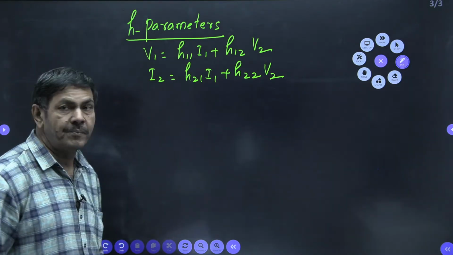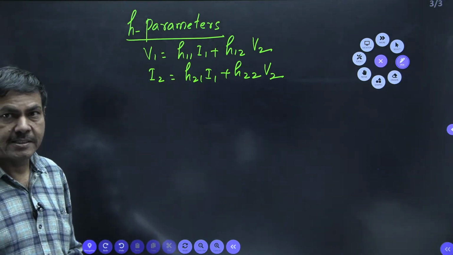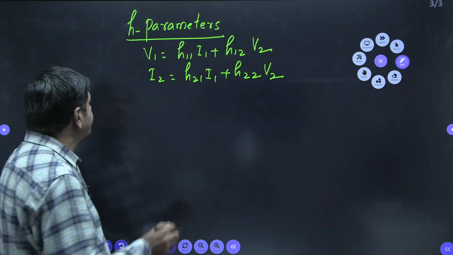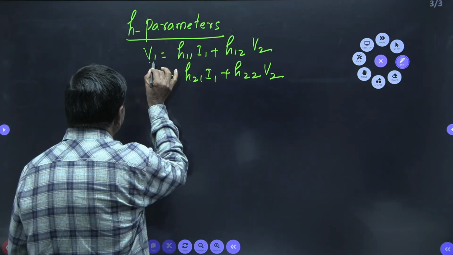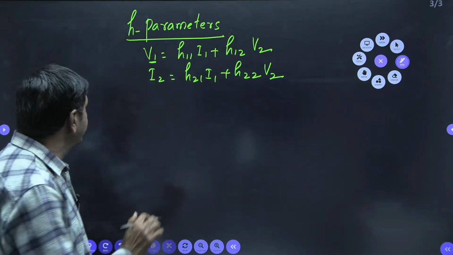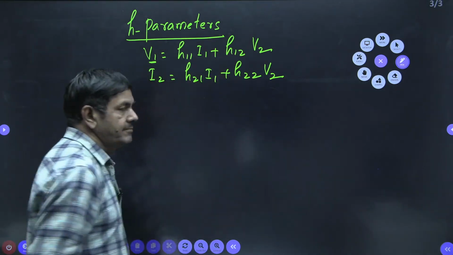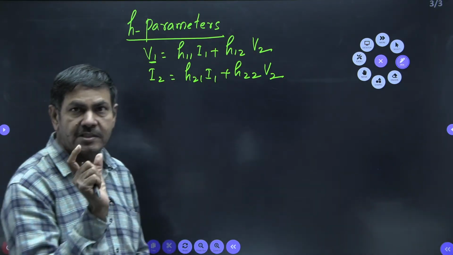But how to draw an equivalent circuit for these two equations? One equation is given with V1. V1 equals this voltage plus this voltage, the summation of the two voltages equal to V1.